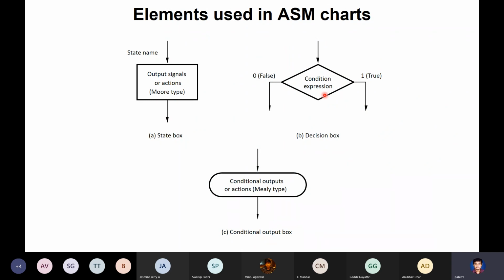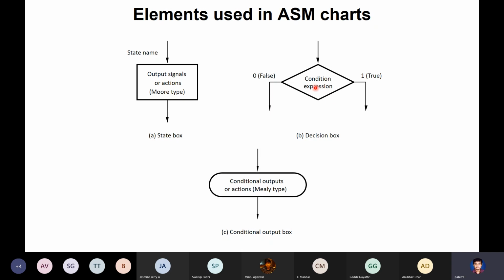It does a condition check, and depending on whether it's true or false, you take one of these two paths. Say, for example, you are decrementing B, you have a comparator whether B equal to 0. If B equal to 0, then it's done. Otherwise, you keep on looping. This is a decision box.